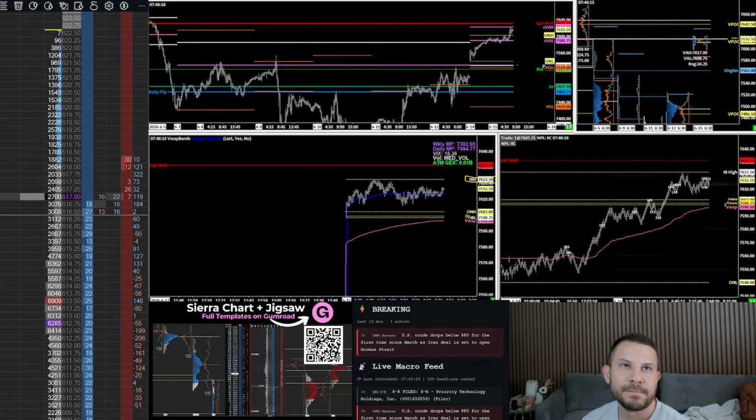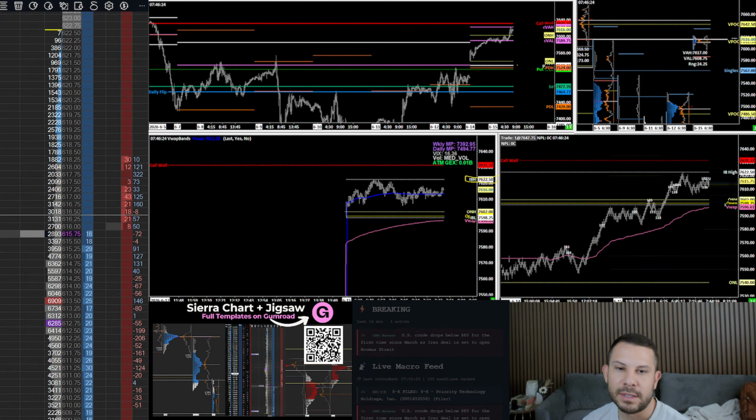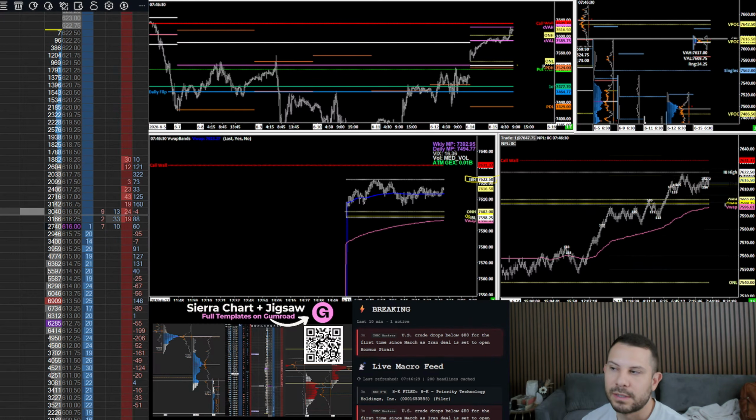But the beta might be tighter. Could be a tighter beta. And what beta means is, if the S&P moves 0.25%, Amazon moves like 3x that, right? So the beta is a spread between the two.